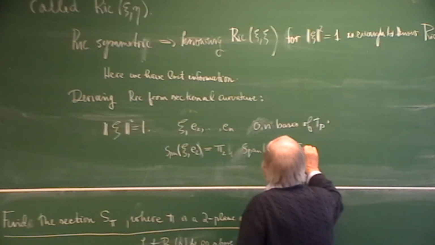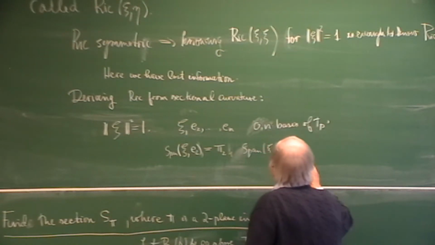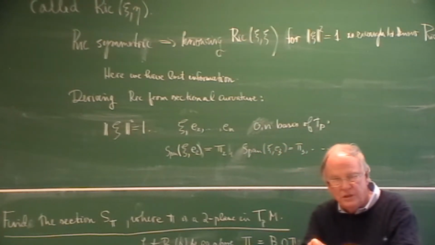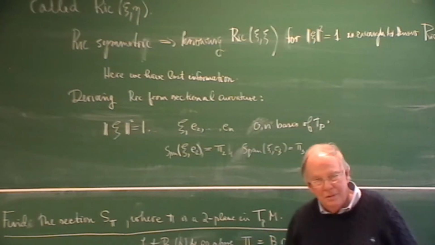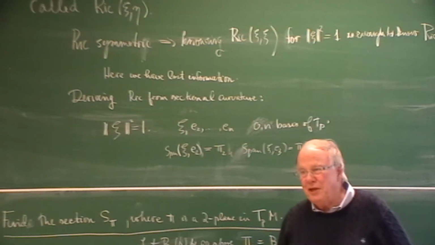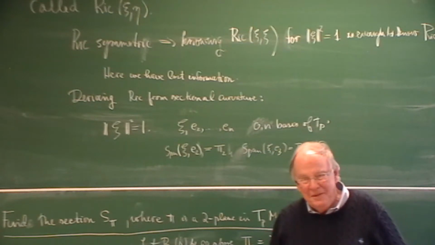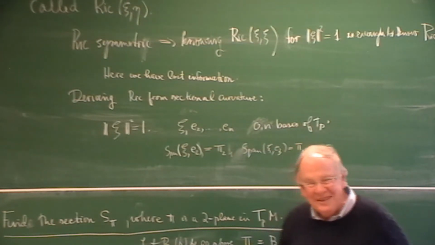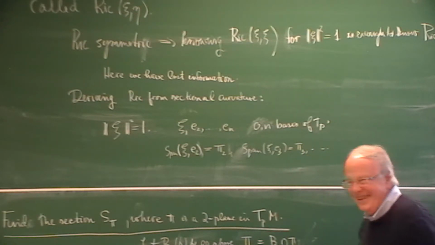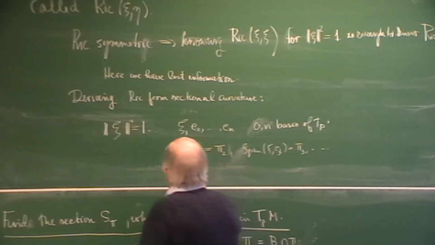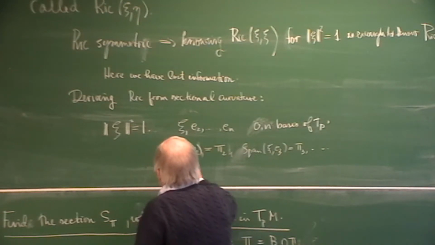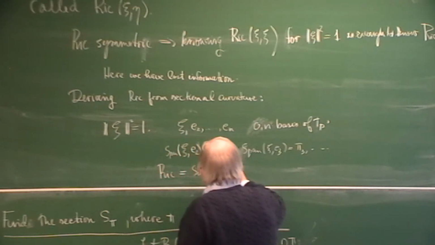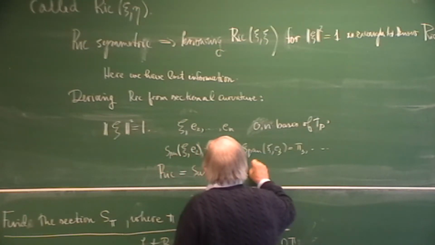That's another plane P3. Etc. So I have an orthonormal basis and I get a bunch of planes. For each plane we have sectional curvature. The Ricci curvature is the sum of those sectional curvatures. This can be shown, also in her notes.